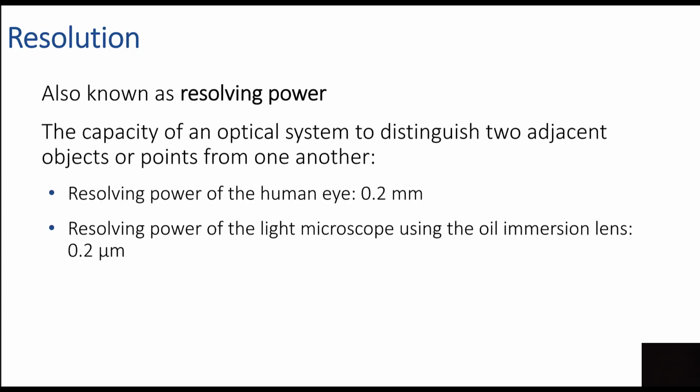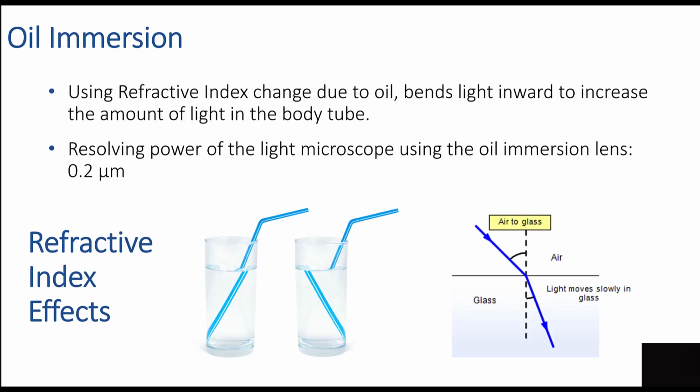The resolution, or the resolving power, is the ability to distinguish between two points that are distinct from one another. And so the resolving power of the human eye is about 0.2 millimeters. The resolving power of a light microscope using the oil immersion lens is about 0.2 micron, which is a significant improvement, about 10 to the third better. A refractive index is a trick that we play with oil, and this shows the refractive index differences that play a trick on our eyes, the difference between the water and the air.